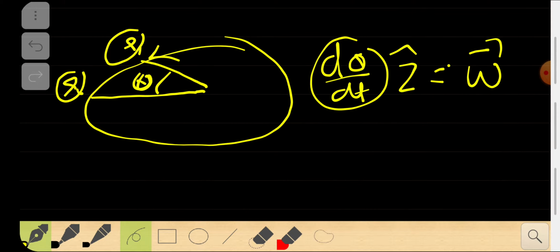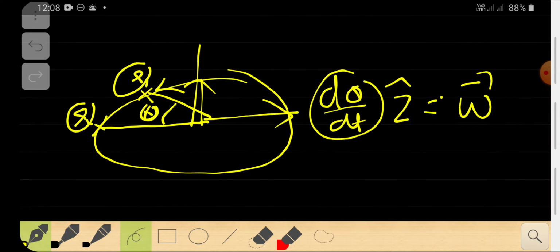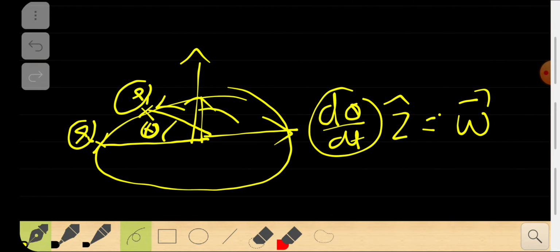If the angle is increasing with respect to time, it is in the positive z axis. You can call this the x axis and this the y axis, and the perpendicular axis will be the z axis.